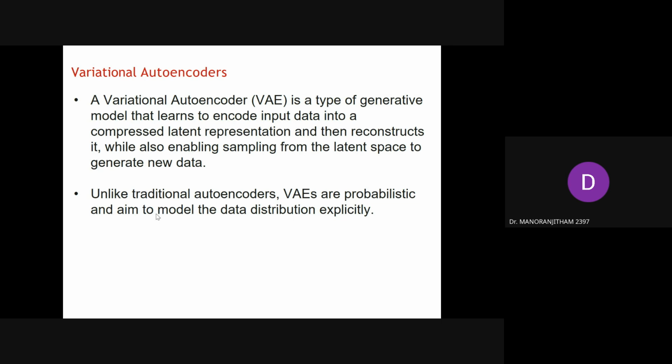The main aim of the variational autoencoder is to generate data that looks like the original input data. The same thing it is going to generate.